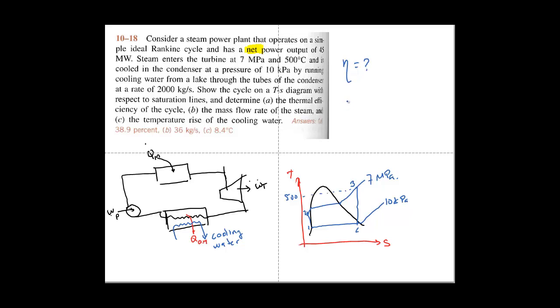First of all is the efficiency of the cycle. Secondly will be the mass flow rate of steam. Please don't get confused, because the 2000 kilograms per second is the mass flow rate of the cooling water. And finally, the delta T, the temperature rise of that same cooling water. Okay, so we have two mass flow rates, cooling water and steam.